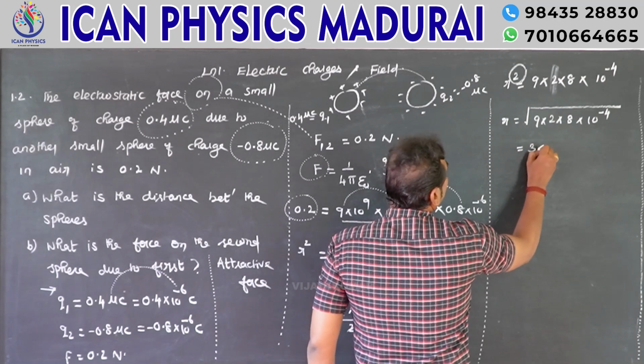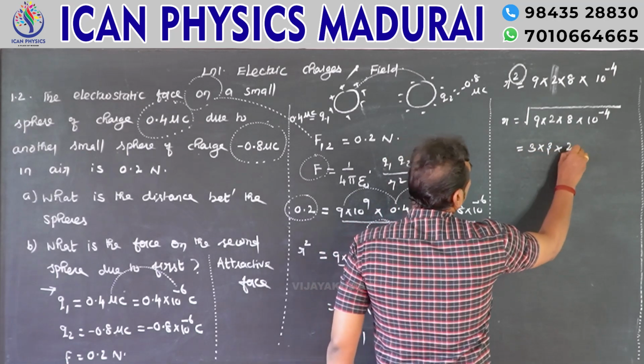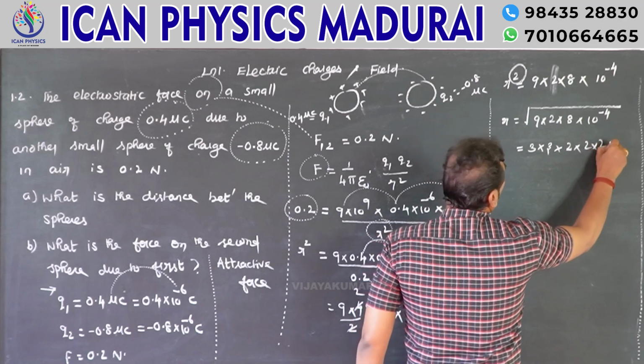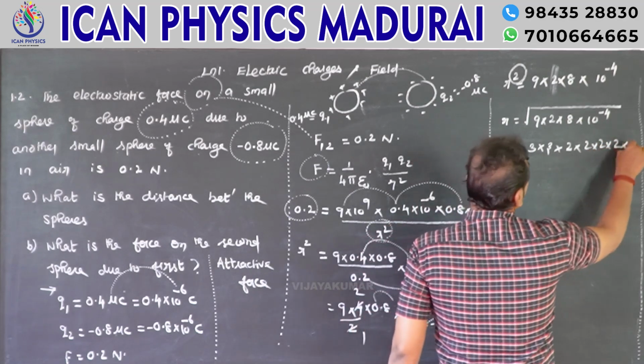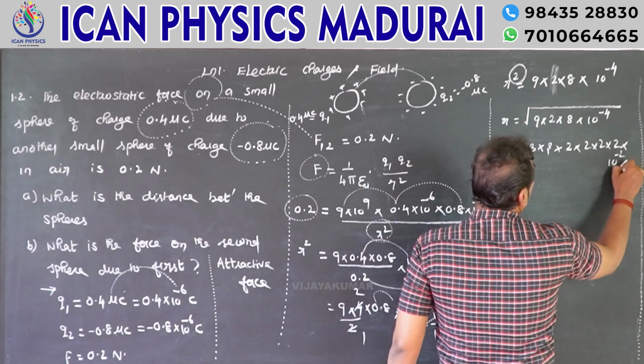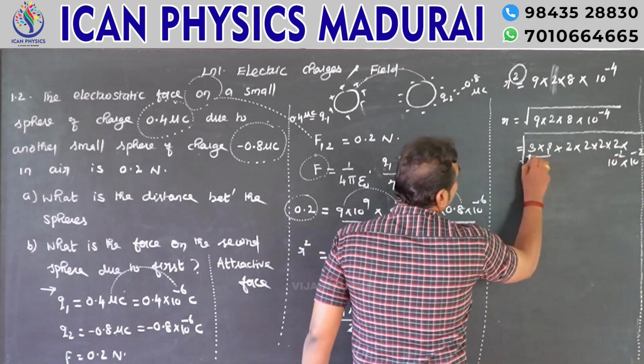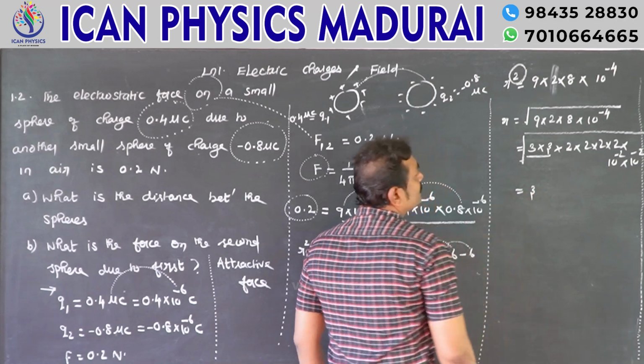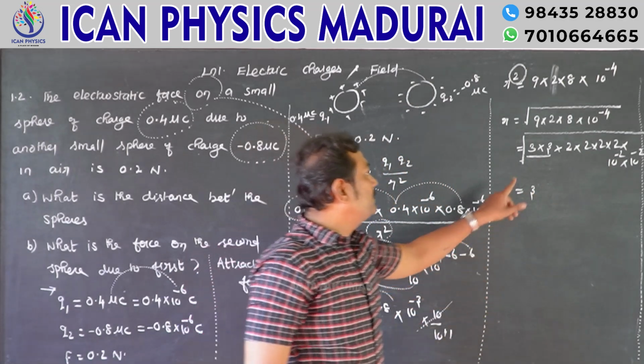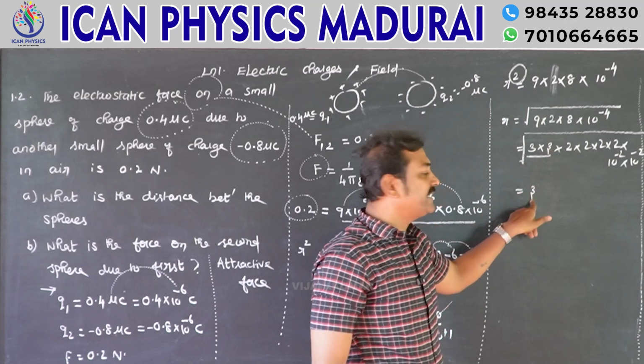So, 3 3s are 9. 1 2 is 2. 2 2s are 4. 4 2s are 8. Into 10 to the power minus 4, which is 10 to the power minus 2 into 10 to the power minus 2. For these 2 3s, we can take 1.